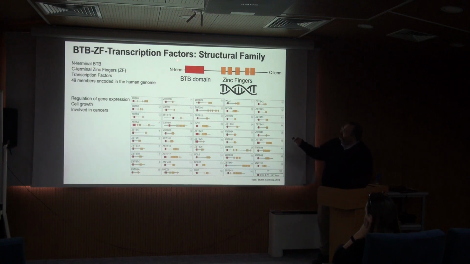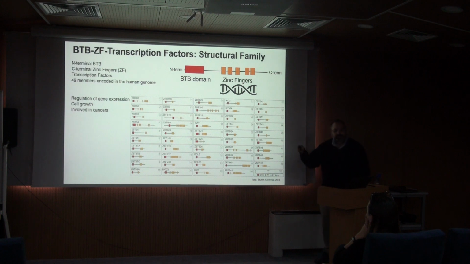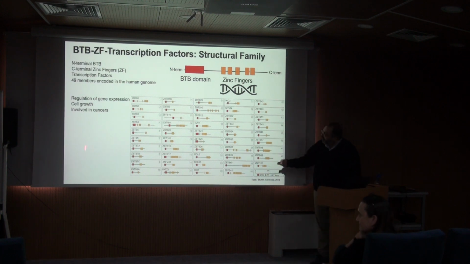In their N-terminus, they have this other domain called the BTB domain. The name, unfortunately, was given by Drosophila people, and it has terrible long things that I don't know about. So I call them, I think it's Bric-a-brac, Tramtrack, Broad-Complex family members. But anyway, we have 49 of these proteins in our genome. I guess Drosophila has quite a large number of them as well.